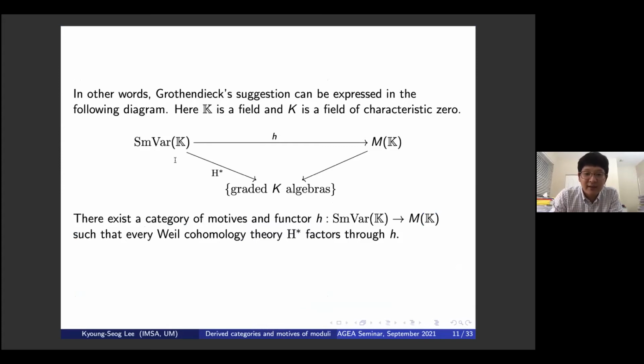When K is a field of characteristic zero, then for every Weil cohomology, there might be some category of motifs such that all Weil cohomology factors through this category of motifs. If this is true, then because all Weil cohomology factors through this mysterious category of motifs, this explains why all these differently defined cohomology theories behave in a similar way. That was his motivation.